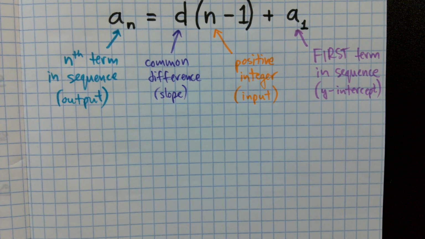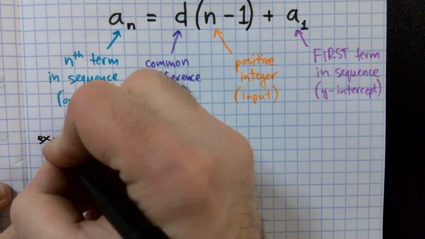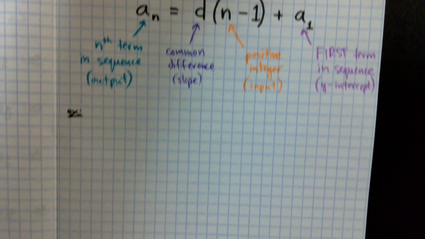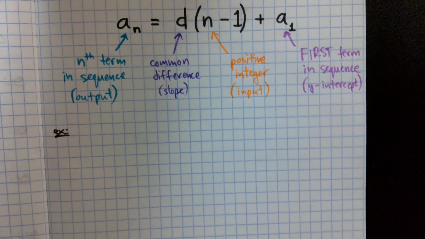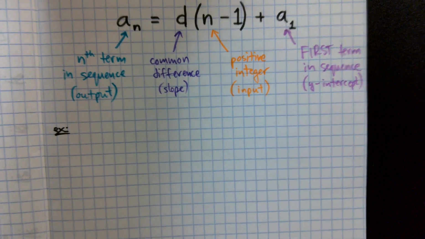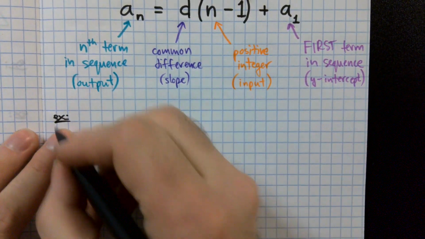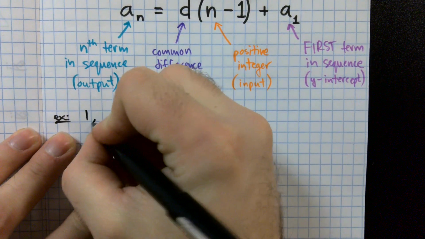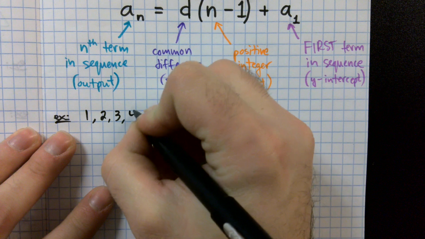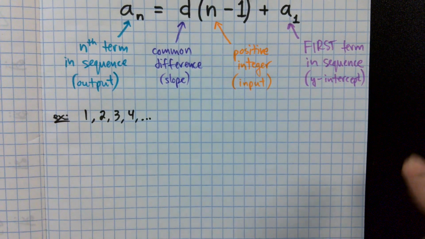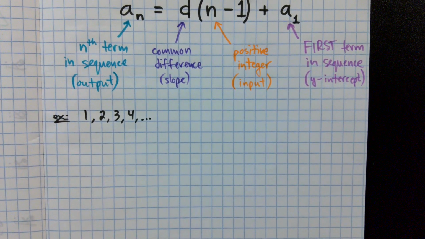Let's start out with a nice easy example so that this can kind of hopefully make some sense. Give me a thumbs up if you're confused so far. No one? Good. We could just go with a hard example then. So for our first example, let's say we got the sequence 1, 2, 3, 4, ... That is so hard. Okay.